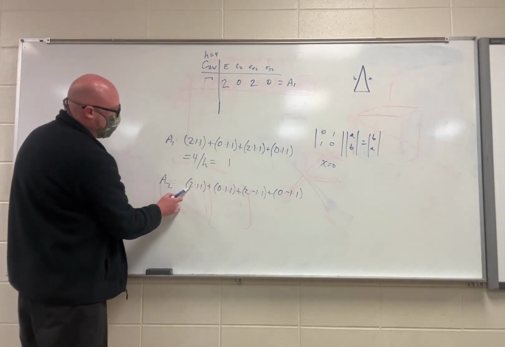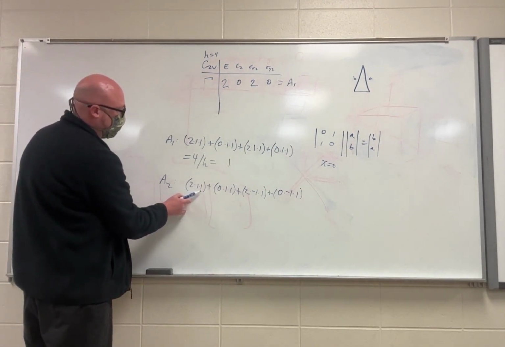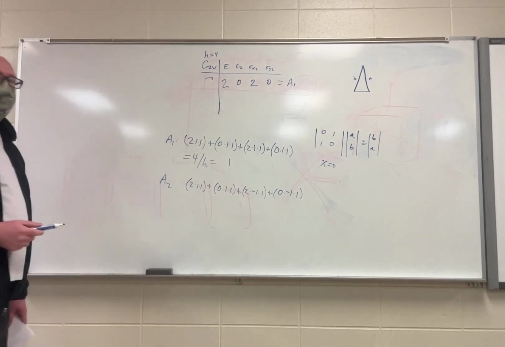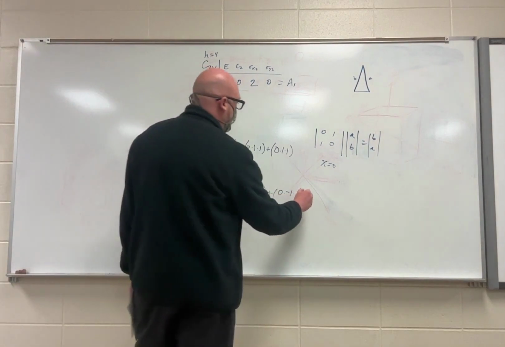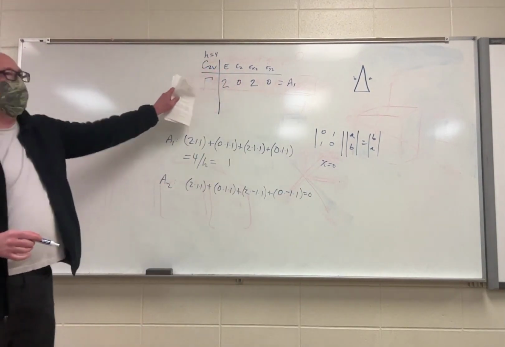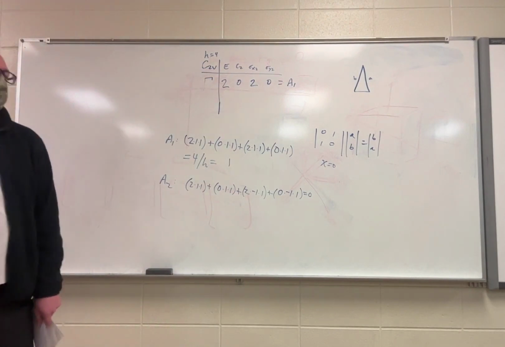Character of the first representation, character of the second representation, order of the class. Add that together, we get 0. So there are no A2s within this reducible representation.